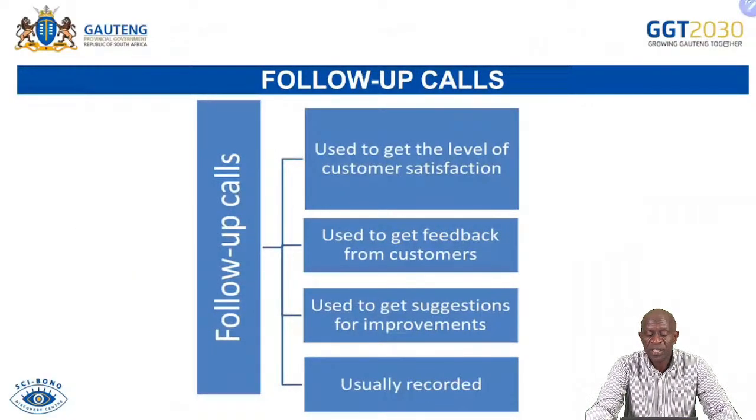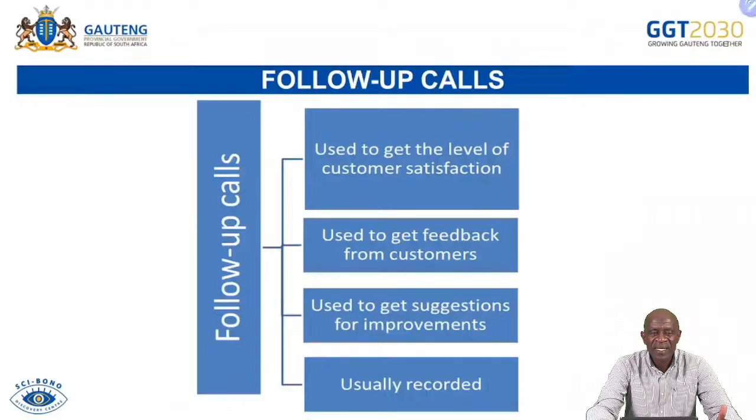The next method of obtaining feedback is follow-up calls. Follow-up calls are used to get the level of customer satisfaction, to get feedback from customers, and also to get suggestions for improvement from customers, and they are usually recorded.